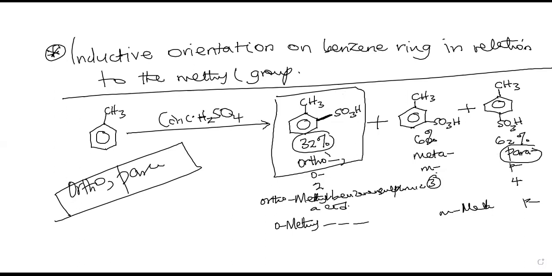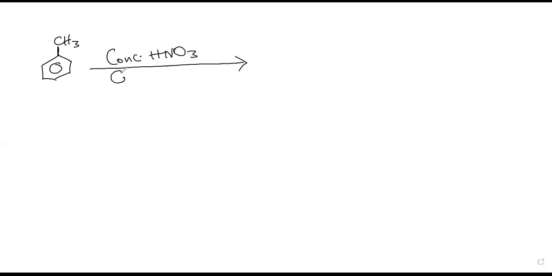So for example, once more, for the case of nitration, if you have methylbenzene, CH3, and you treat it with concentrated nitric acid, concentrated sulfuric acid at 55 degrees Celsius, you're going to form a product on the second position.